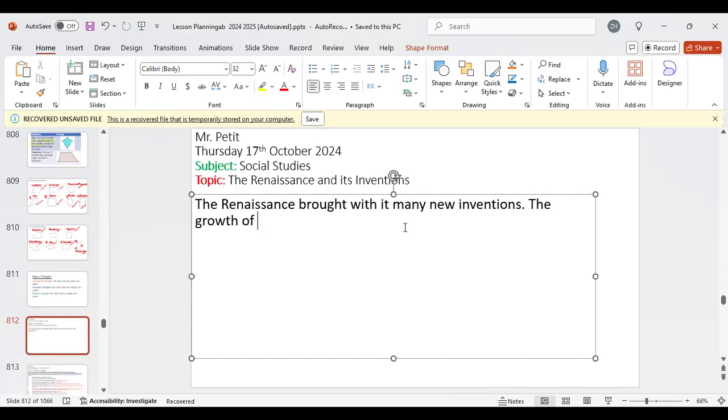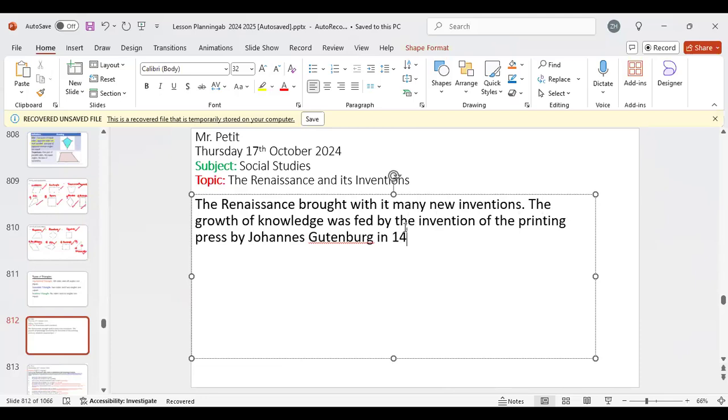The growth of knowledge was fed by the invention of what? The printing press. By Johannes Gutenberg in 1454. So when was the printing press invented?